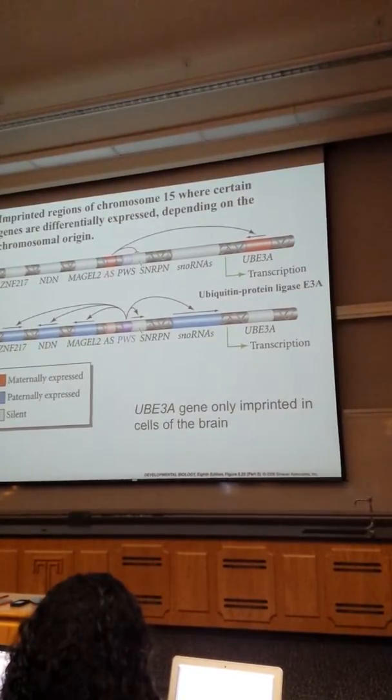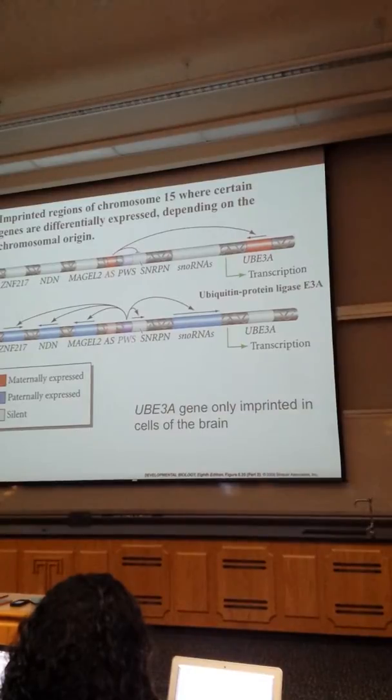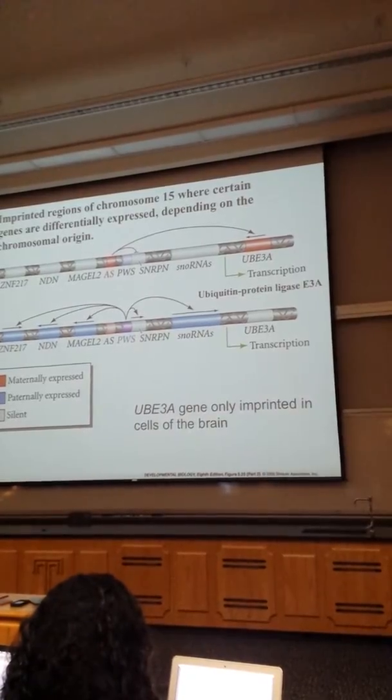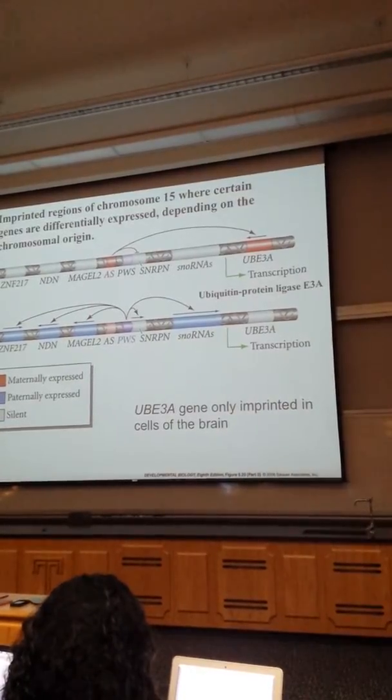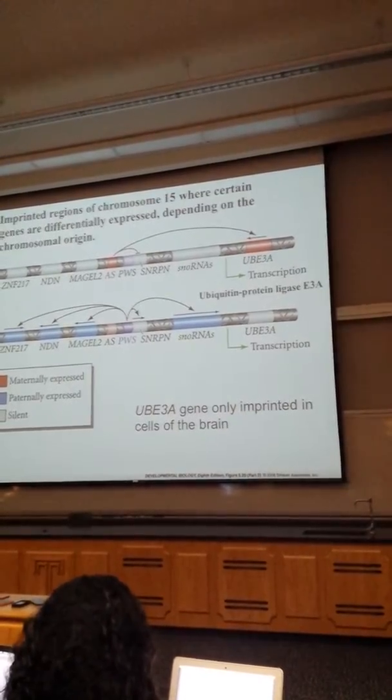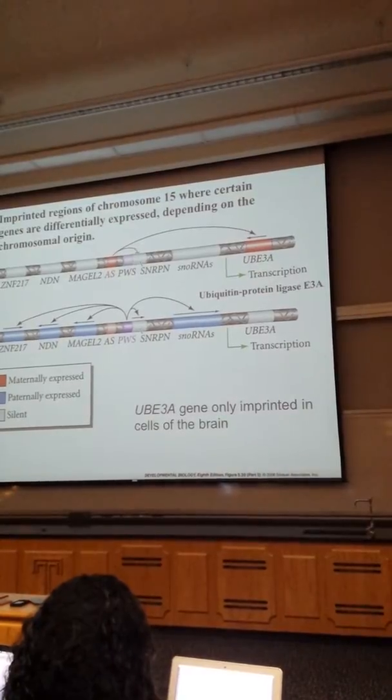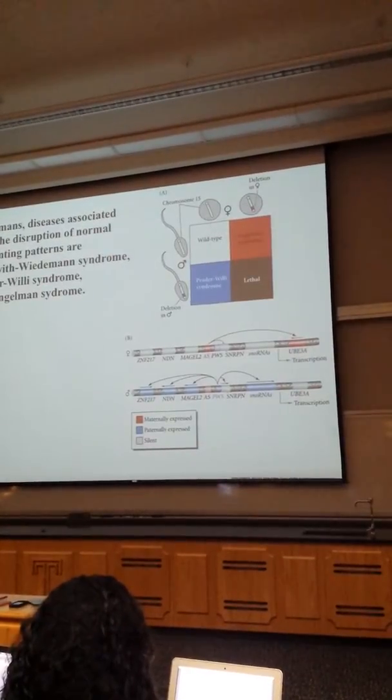There's a buildup of proteins that need to be degraded and they're not. That is what affects these children. That's the biochemical basis for the mental retardation that you see in children with Angelman syndrome.